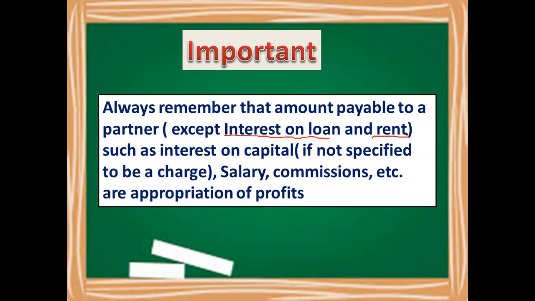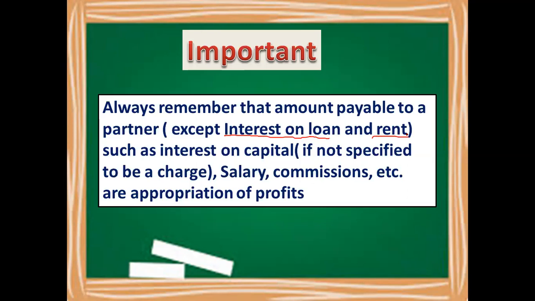So these two items are charges. How is rent a charge? Sometimes a partner provides his own building for the business, but he is taking rent from the business for this building. So if a partner has provided a building, he is supposed to get the rent. But if there is no profit, how will he charge the business? So in that case, no rent.